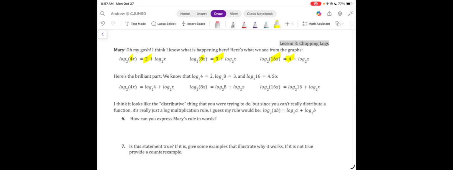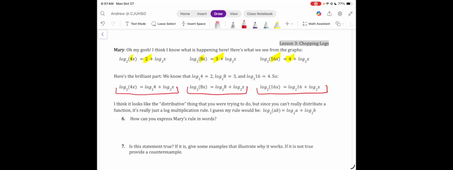We know that log base 2 of 8 is 3. And log base 2 of 16 is 4. So you can make a substitution. And you can make those equivalent to each other. Equivalent. So it says, I think it looks like the distributive thing you were trying to do.